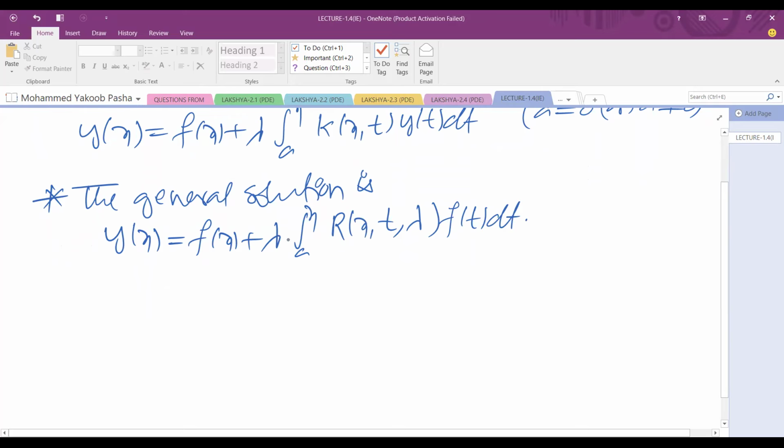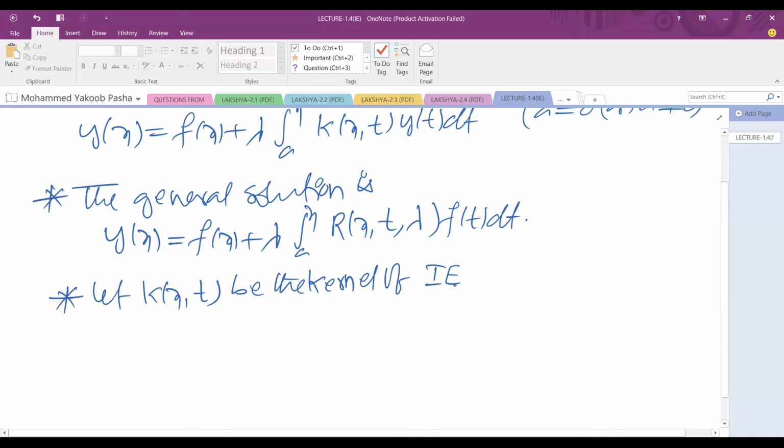What is the shortcut we discussed in the last class? When k of x comma t is the kernel of the integral equation that satisfies two conditions, you have to verify whether they are satisfied or not.